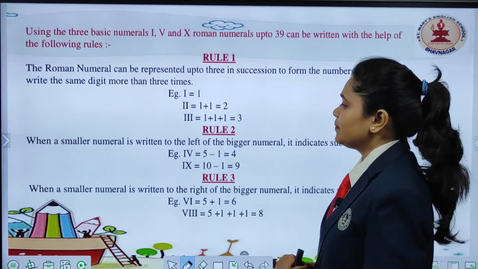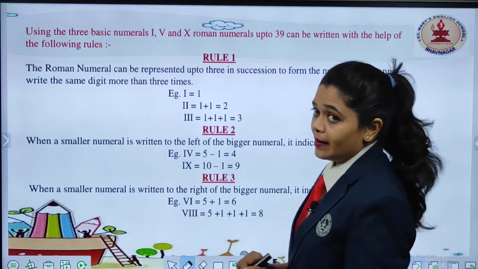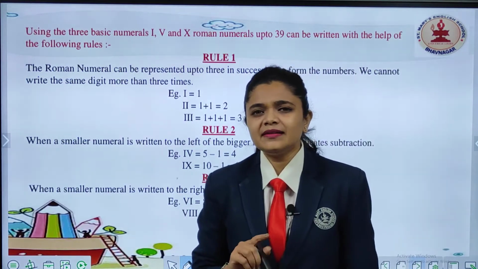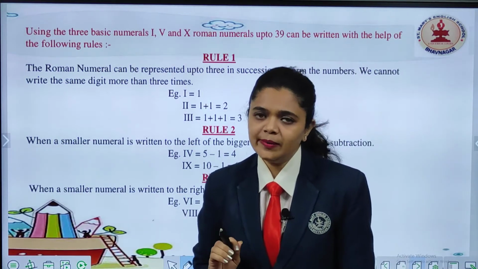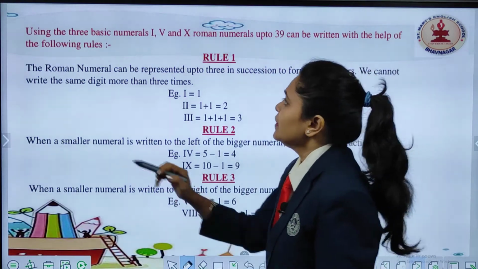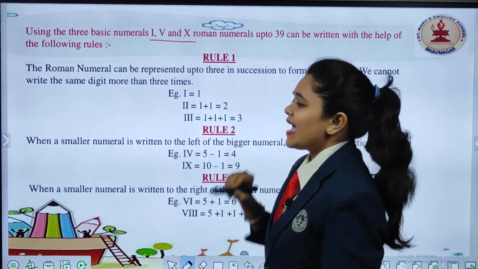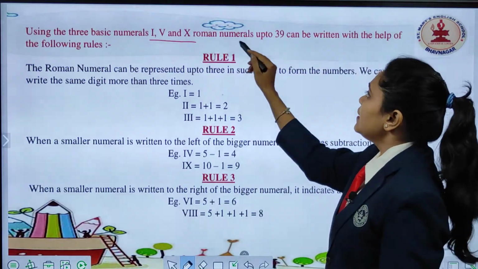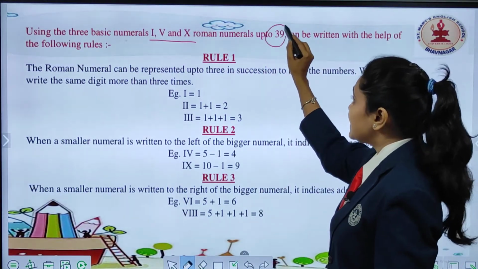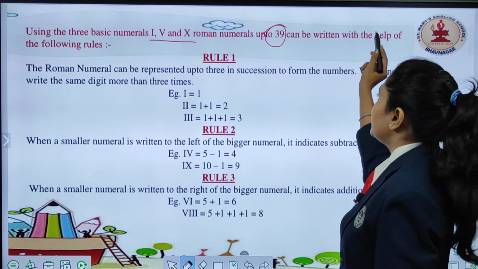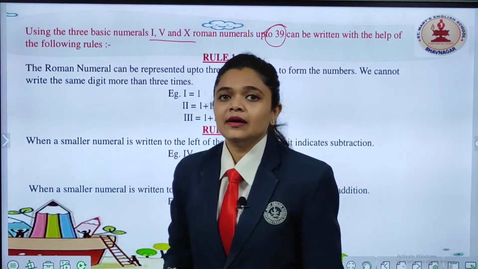So, now children, we have a few more numbers, but before that, there are a few rules which you need to keep in your mind. Let us go through it. Using 3 basic numerals I, V, X, Roman numerals up to 39 can be written with the help of the following rules.